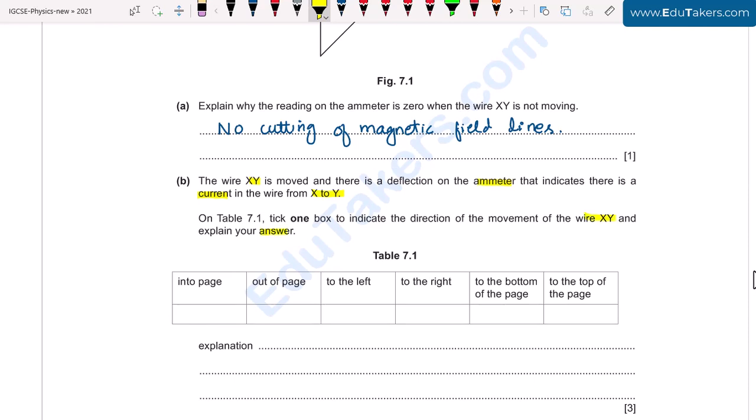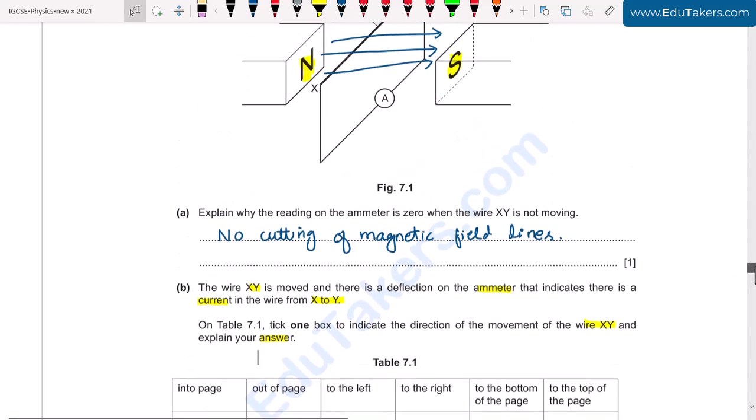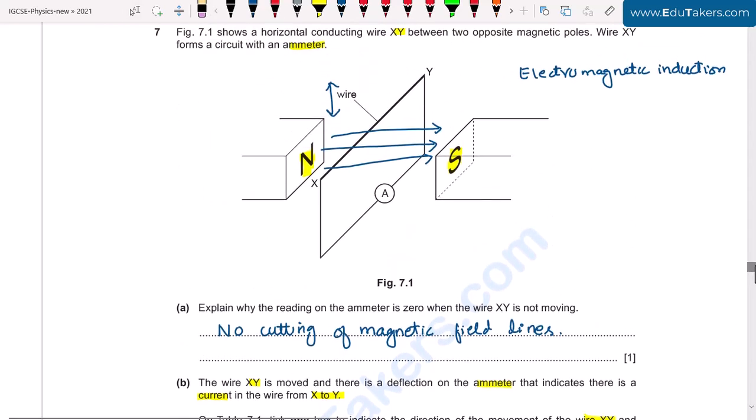So first of all, in this part, it is said that the direction of current is from X to Y and we have to indicate the direction in which the wire moves. So going back to the figure, I suppose that the direction of current here is from X to Y. So it means that the direction of current is this and the magnetic lines of force are from north to south direction, and we have to find the direction in which this wire moves.